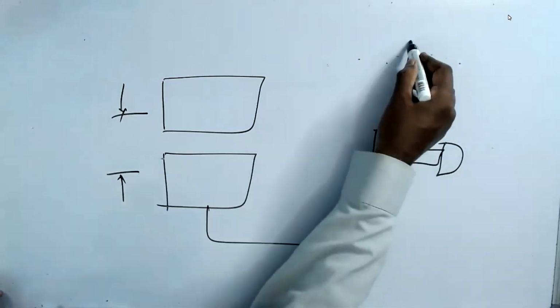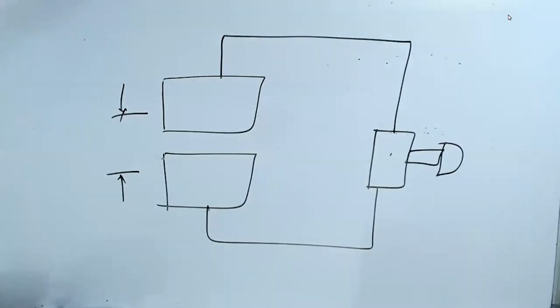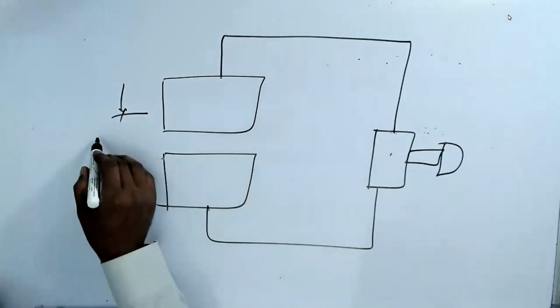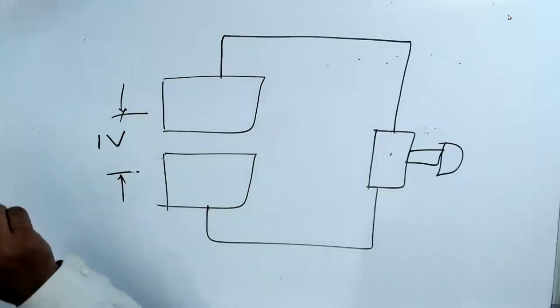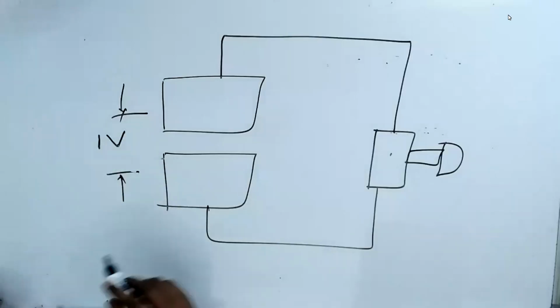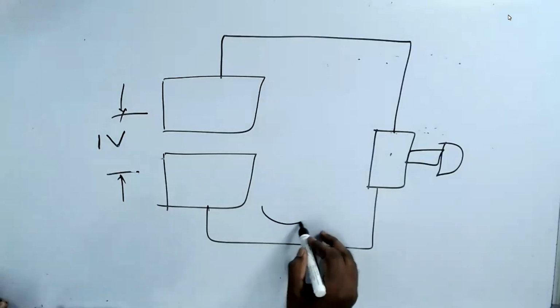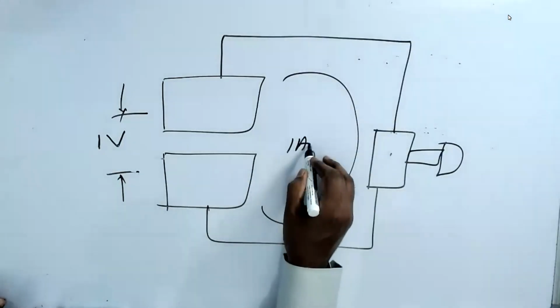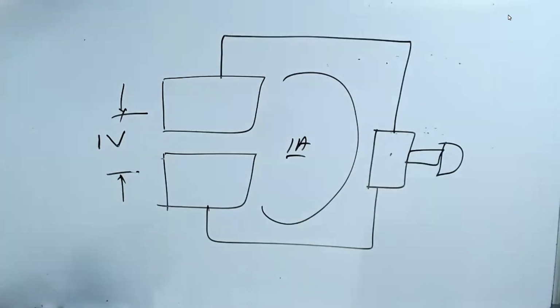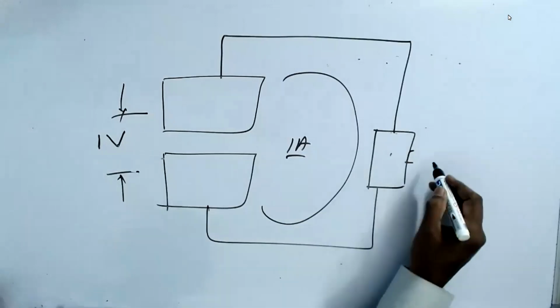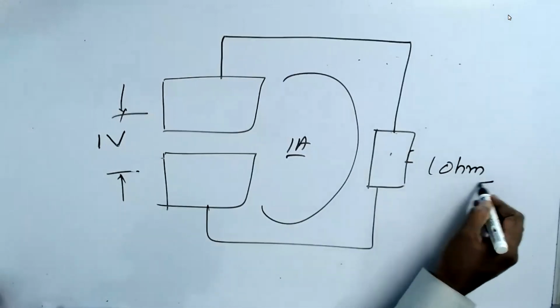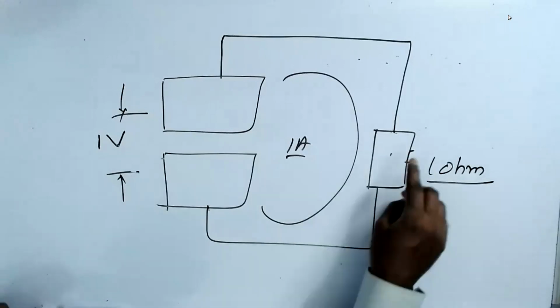And it comes here. Now they did a lot of research. Finally, they came out like this. If the potential difference is 1 volt, and if the flow is 1 ampere, then this one is called 1 ohm.